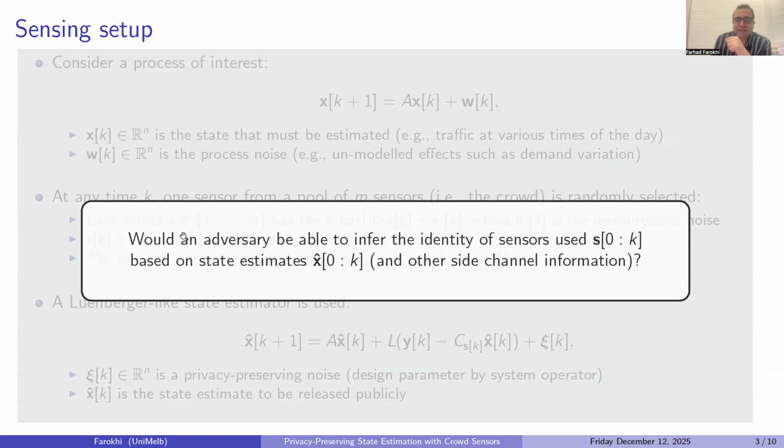As I said, our goal is to understand whether an adversary would be able to infer the identity of the sensors based on the state estimate or potentially some other side channel information. The adversary may know the dynamics of the system, may know the actual states of the system, and might have sensors of its own embedded in the system to be able to reverse engineer these state estimates and figure out the identity of the sensors used.